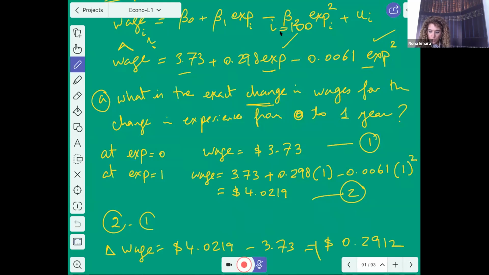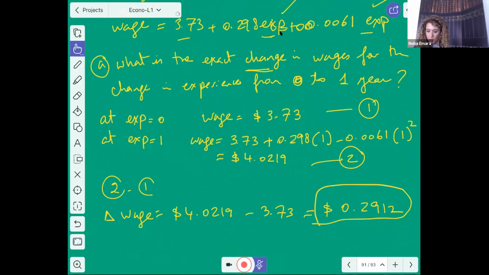So there is actually only a few cents difference between moving from no experience to just 1 year of experience. The person's wage is going to increase by 29 cents per hour. Any question? All good. Perfect.